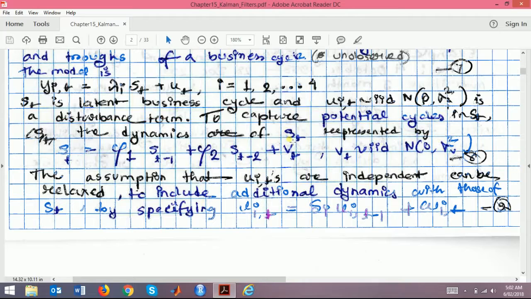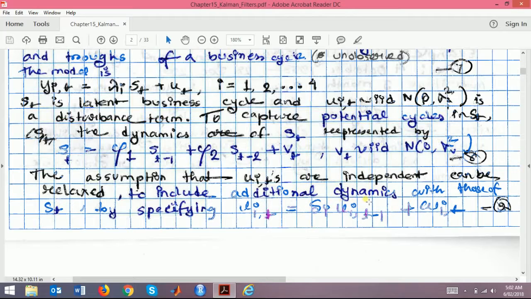The assumption that u_it, the residuals, are independent can be relaxed now. It's not independent. We can think that the residual u_it is not IID anymore. Rather, the disturbance v_t is IID.